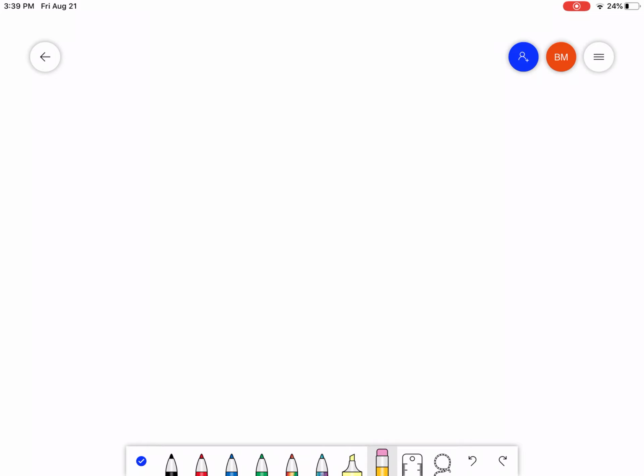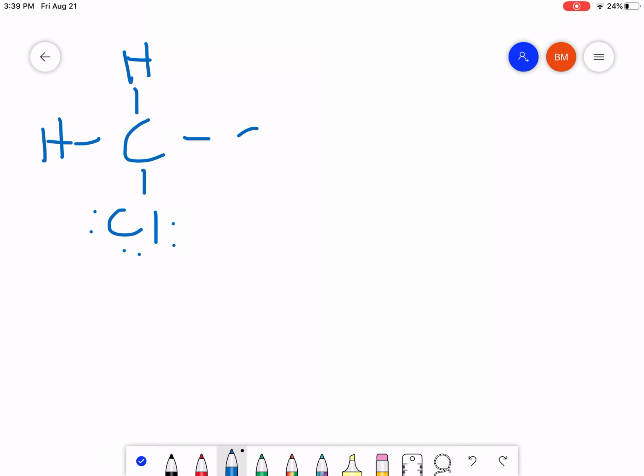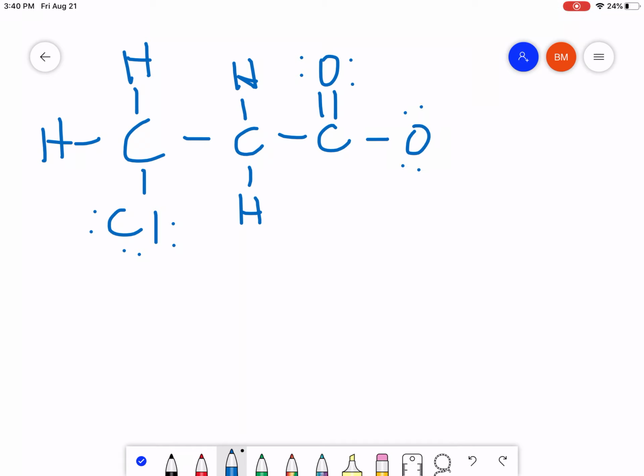All right. Let's try this one. So this is going to have a CO2 group in it, as you can see right over here.